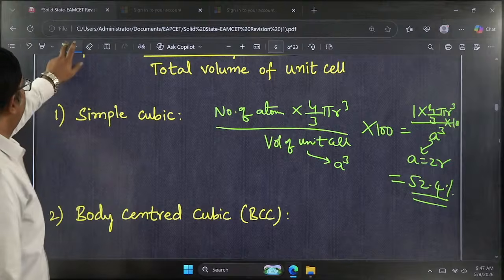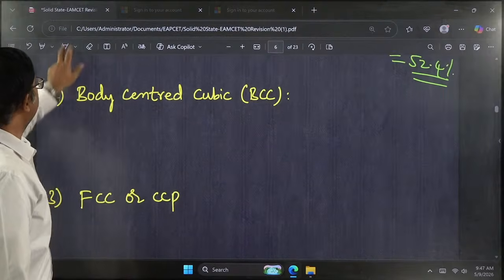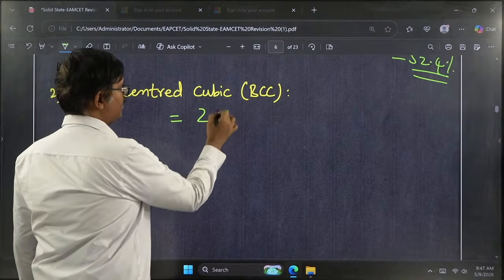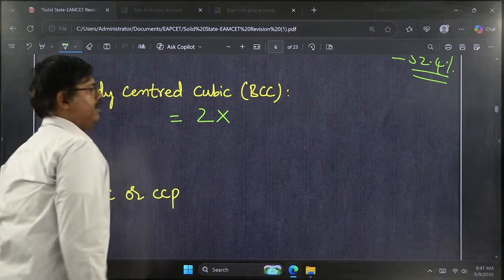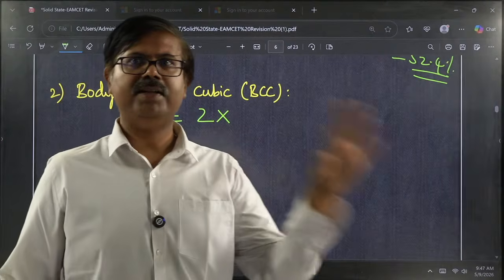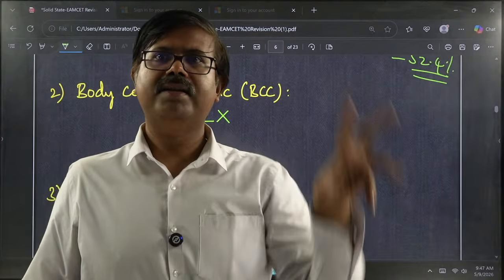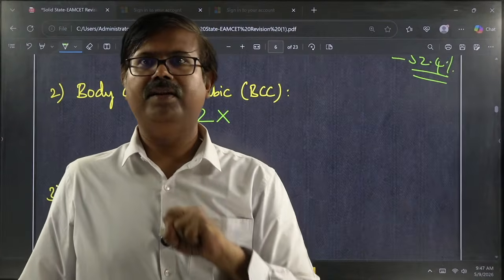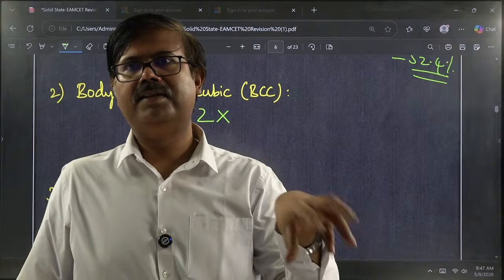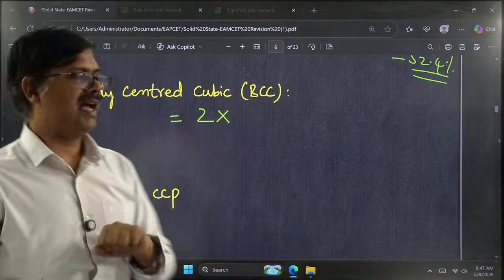In the same manner, if you follow body centered, how many atoms per unit cell? 2 atoms. Imagine there are no cations and nothing present in the voids. Voids are empty spaces only. Just focus on the crystal lattice only. Nothing is occupied, no cations are there in these void spaces. Then only we are calculating.